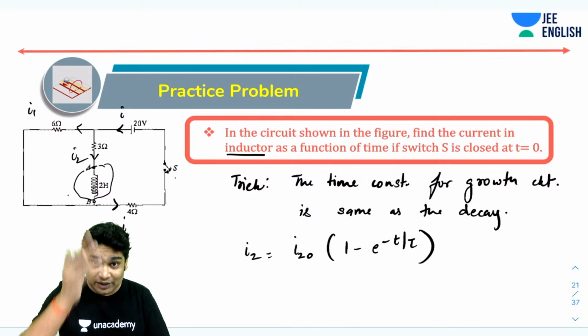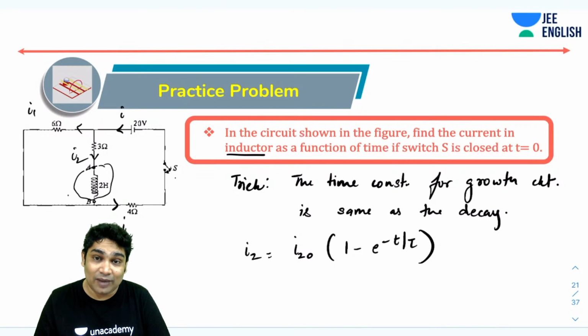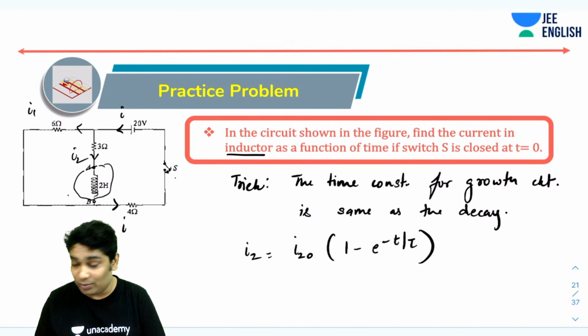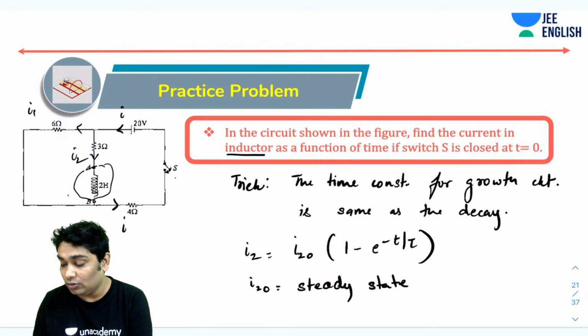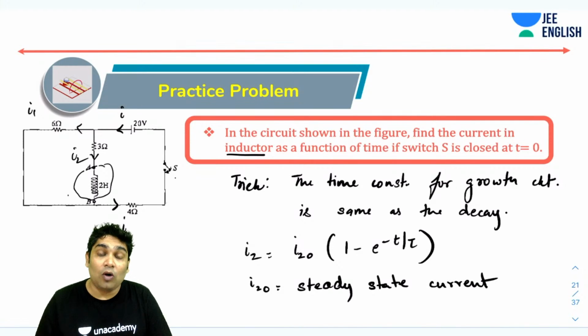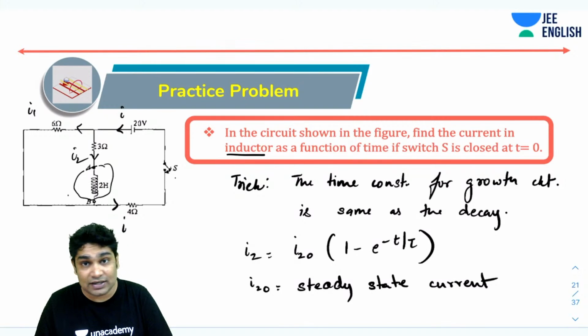For that, you replace the inductor by a resistanceless wire, right? I hope you remember that. I2 naught equals the steady state current. How do I know that? All I need to do is, for steady state, replace the inductor with a resistanceless wire.